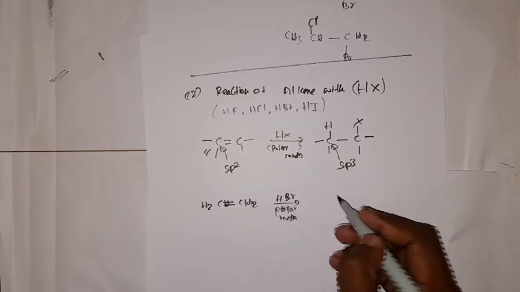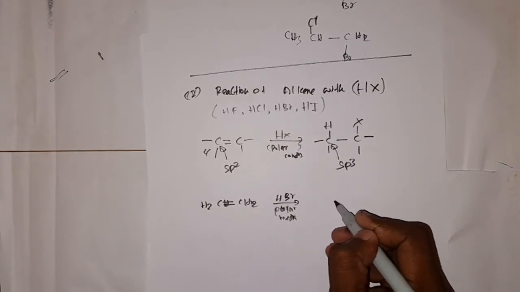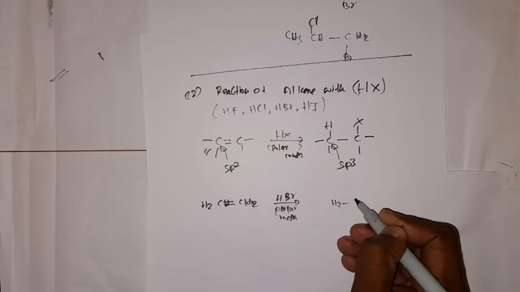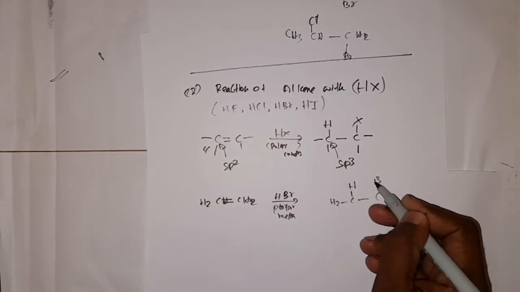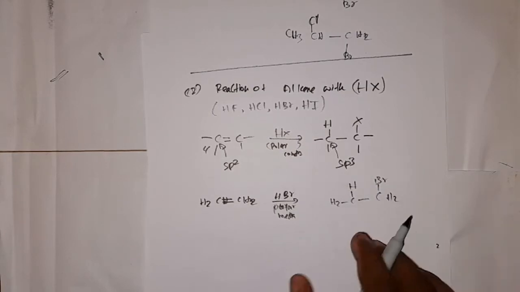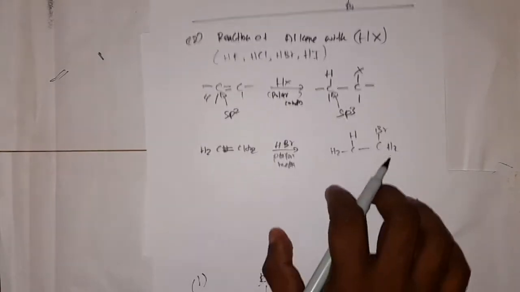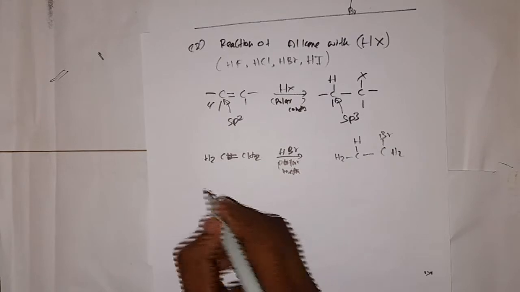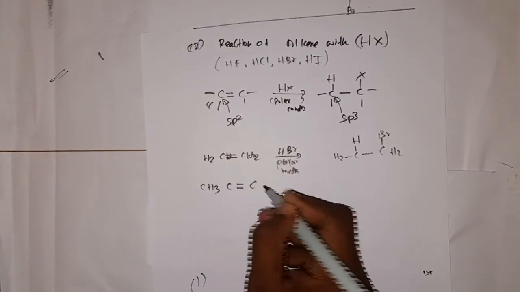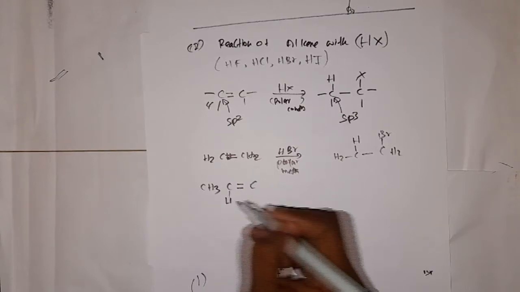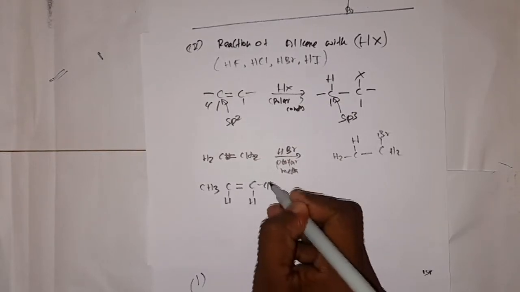So after addition of HBr, one hydrogen will join to here, and here Br joins to here, giving CH2. This is the result. Another one: CH3 C double bond C, and here one hydrogen, and here one hydrogen, and CH3.